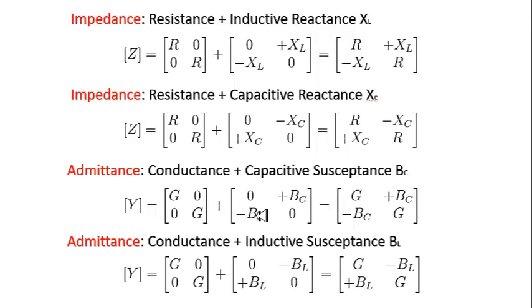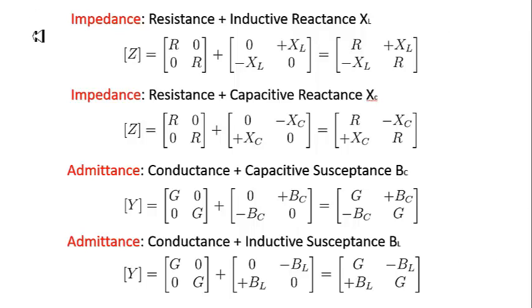In a similar manner, in terms of impedance, the capacitive reactance, so many terms to remember, is on the backward diagonal, and you've got a negative here and a positive here. And in terms of admittance, the inductive susceptance is on the backward diagonal, and it's negative here and positive here.